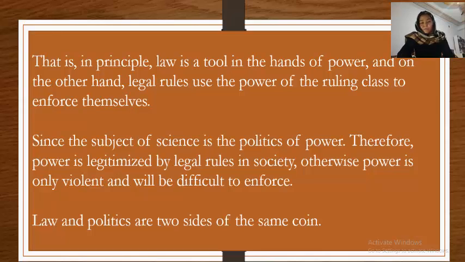That is, in principle, law is a tool in the hands of power, and on the other hand, legal rules use the power of the ruling class to enforce themselves, since the subject of political science is the politics of power. Therefore, power is supported by legal rules in society. Otherwise, power is only will and would be difficult to enforce.